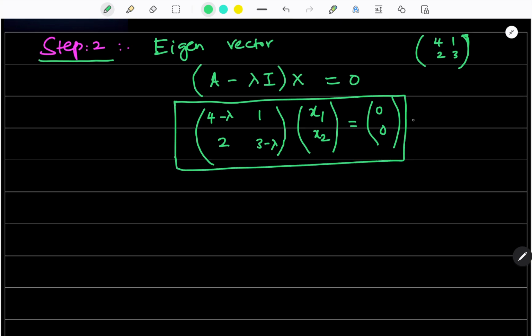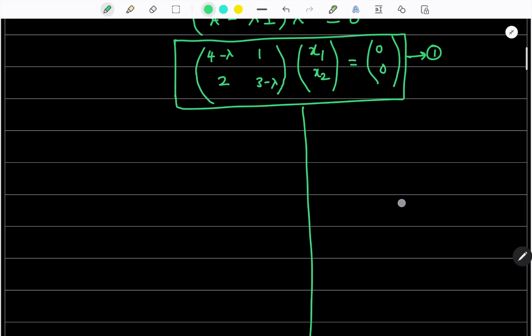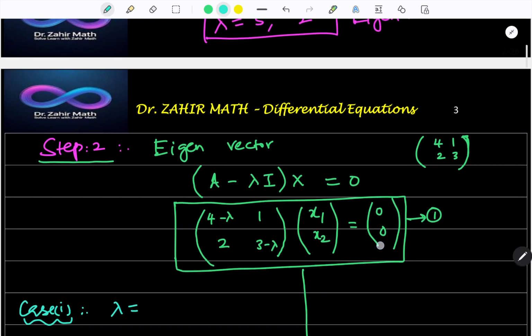Every time I call this equation number 1. And we are going to do 2 cases. Case 1: lambda is equal to the first one, 5.